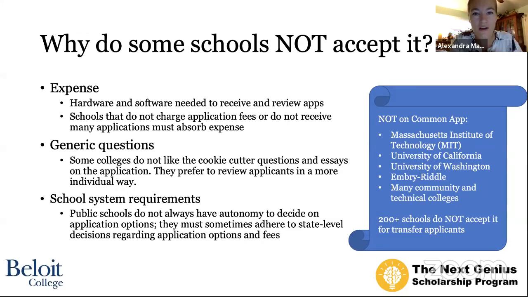We don't just base our admission decisions on a GPA or some kind of test metric. We don't just move forward that way. So there is a lot of benefit to making sure that as an applicant, you are creating a very individualized picture of yourself to the institution. So there are some drawbacks to having all generic questions and generic info fields for colleges that like to review applicants in a particular way.